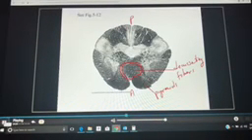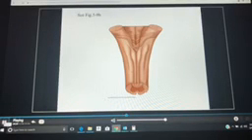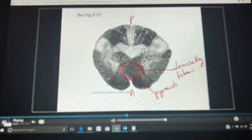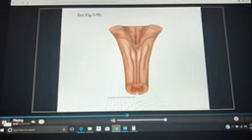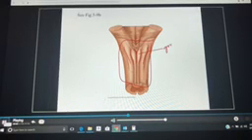This is an anterior view of your medulla oblongata, right here, and this is a posterior view. And here, what juts out at you are these structures. You have these tubercles here. This is your gracile tubercle, and this is the cuneatus.